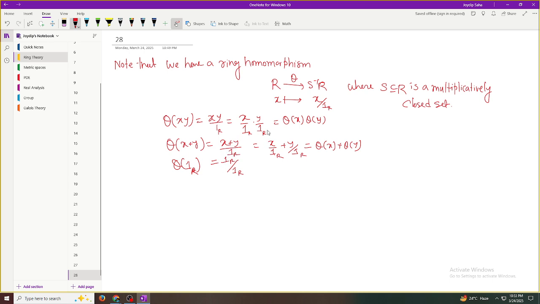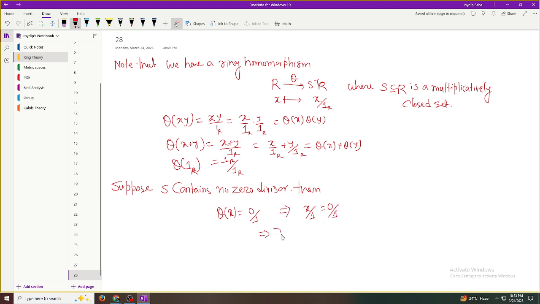Okay, this is a ring homomorphism. Is it injective? In general, not. Because suppose S contains no zero divisor, then theta x equals 0 by 1 implies x by 1 equals 0 by 1.